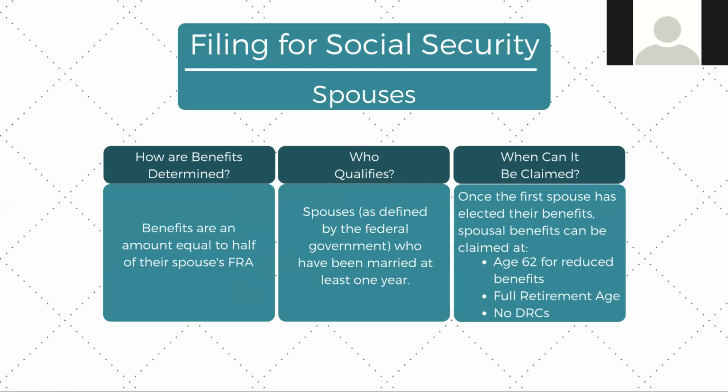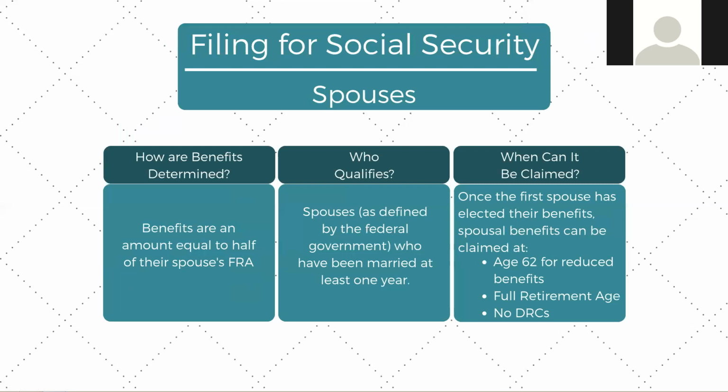So who qualifies? It's spouses as defined by the federal government. They clarified a few years back that same-sex spouses also qualify. And you need to have been married at least 1 year. And you can file for a spousal benefit once your spouse has also filed for benefits, okay?